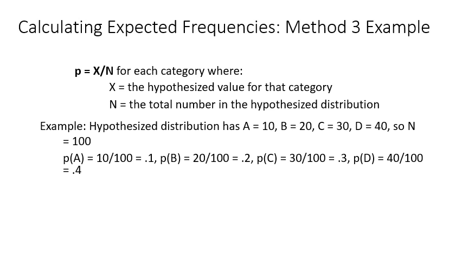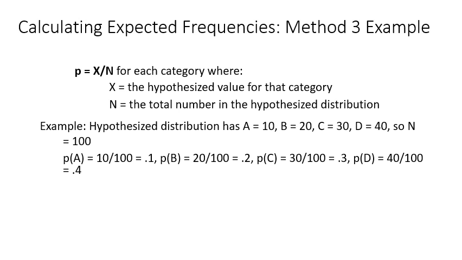So, just one more example. We've got a hypothesized distribution of A equals 10, B equals 20, C equals 30, and D equals 40. N equals 100 here. I try and keep my numbers easy. We need to calculate probabilities for each one.